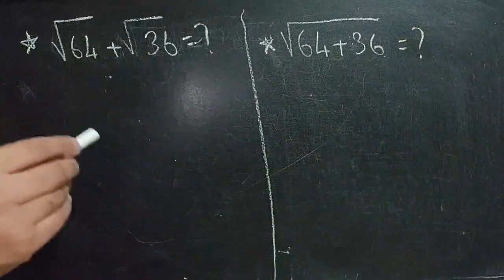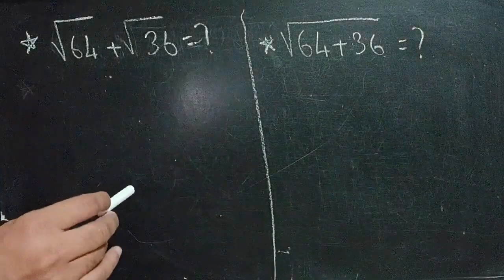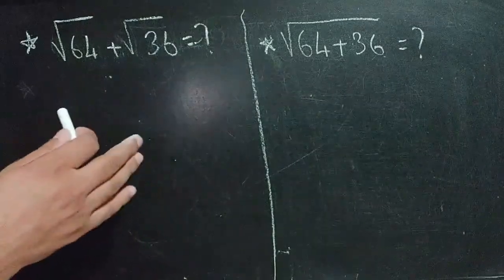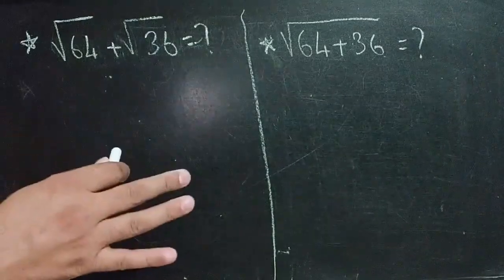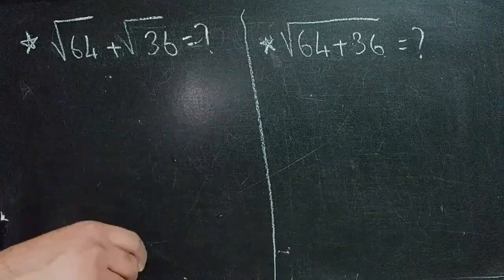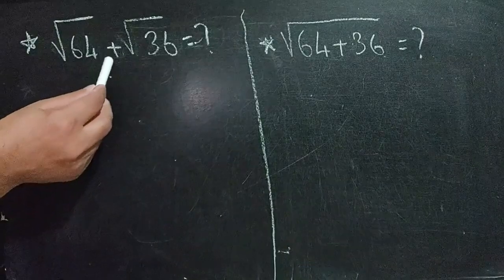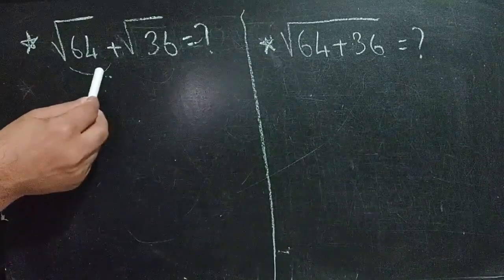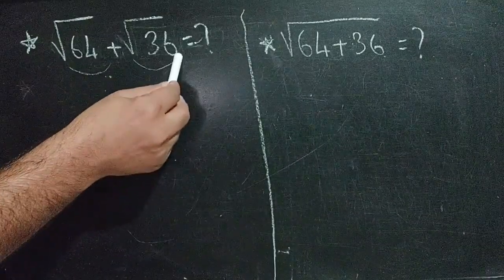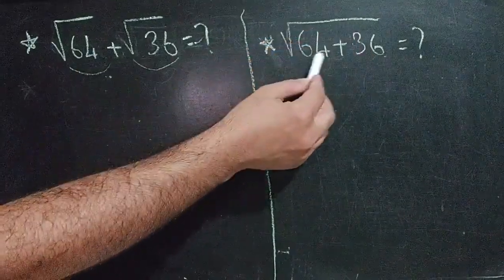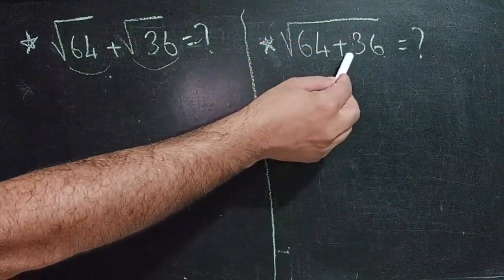Alright, now I'm going to show you two very important questions here, because these two questions are confusing students too much. Students are making too many mistakes there. So now when you look at there, I have square root 64 and square root 36, and there square root 64 plus 36.